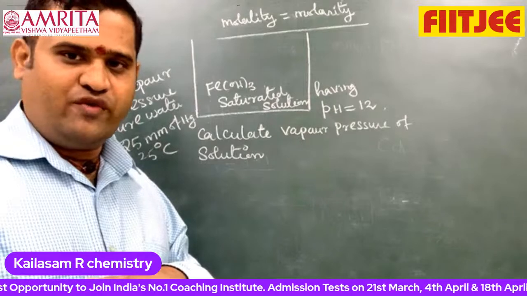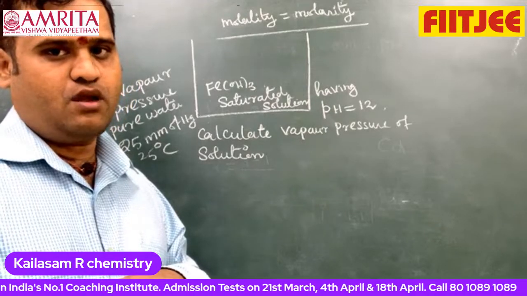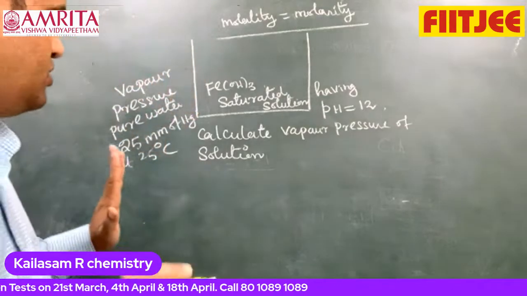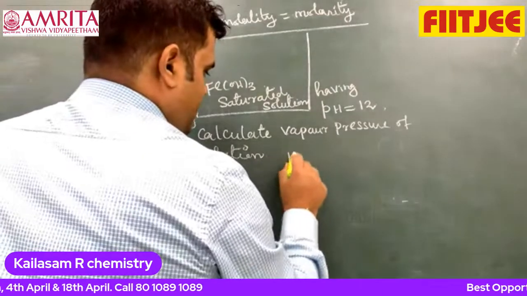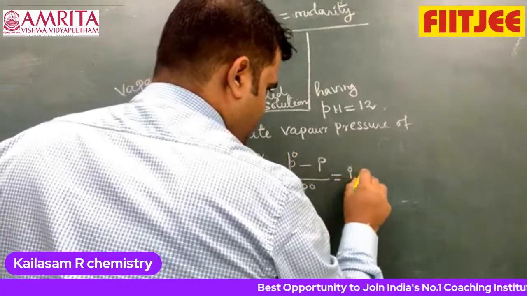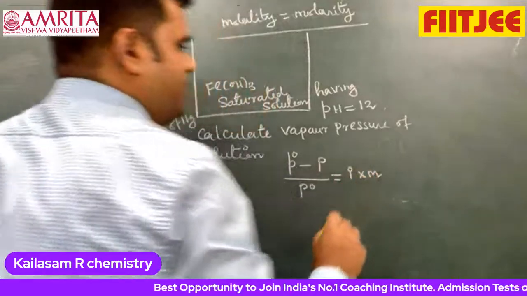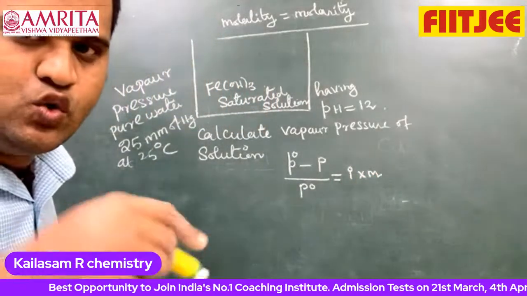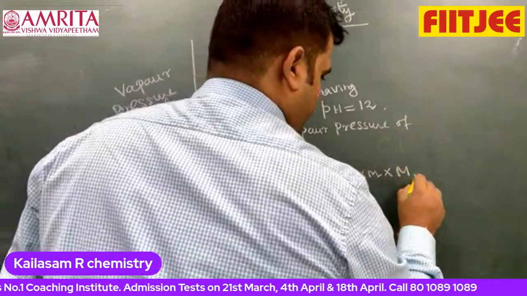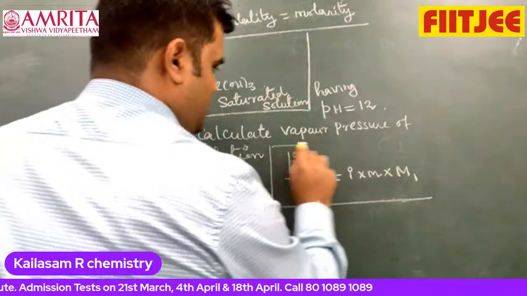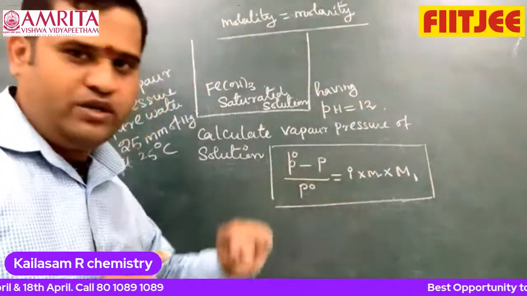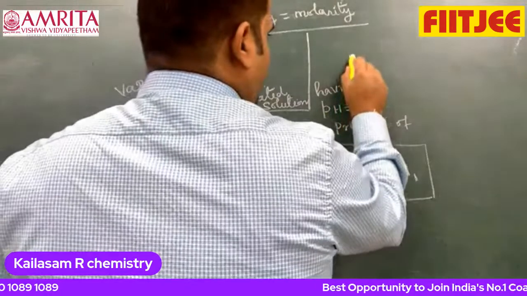So how to find this? Now, I want to find (P0 minus P) by P0 is equal to i into m into M1, where M1 is the molecular mass of water. How to find m? Look at this. We can go with that.